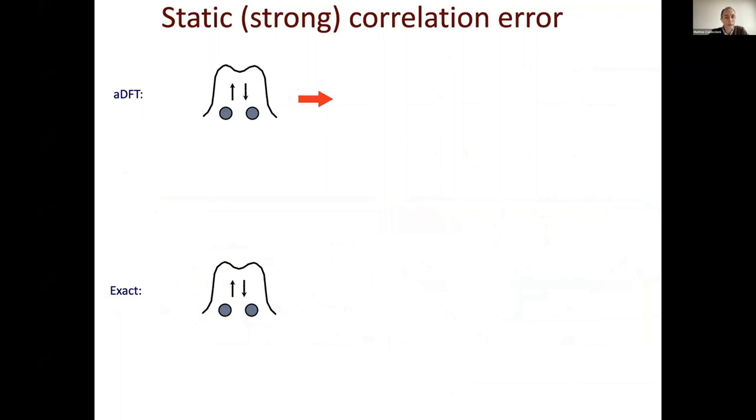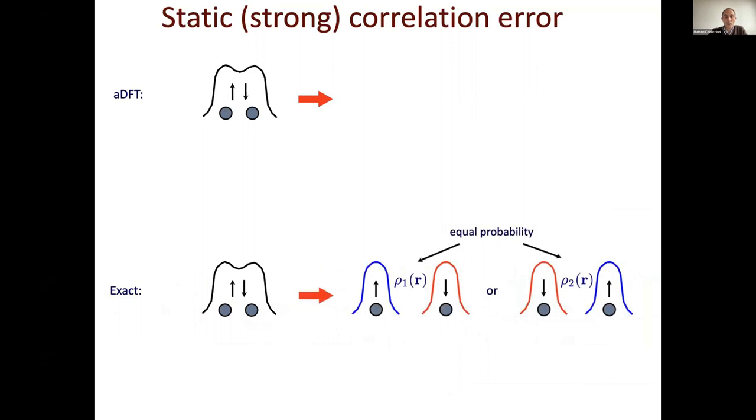Another error that's typically discussed in the literature is the so-called strong correlation error, and can be exemplified by referring to the splitting of the H2 molecule. Now, not anymore the H2 plus, but H2 with 2 electrons. Again, if you do it in the real world, you end up with 2 solutions, where the ground state basically will be 1 electron localized on each site, and so you get many solutions, all degenerate to each other because the 2 ions will be far apart from one another.